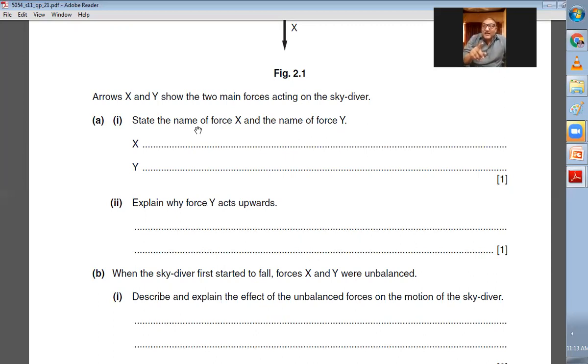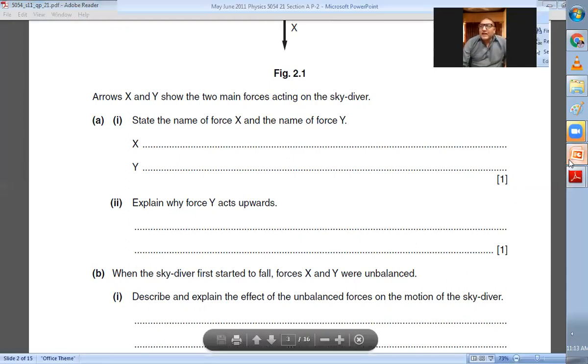Remember this idea. Your velocity continues increasing, but the acceleration at the start is maximum, and then it gradually decreases, because the air resistance is increasing and the resultant force is gradually decreasing also. So I have written these answers.